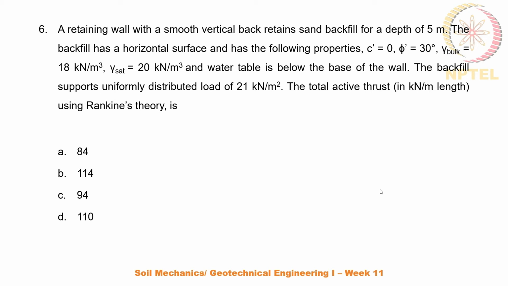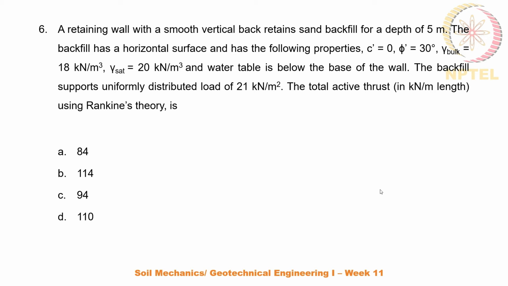Phi dash is 30 degrees. Gamma bulk, that is bulk unit weight, is 18 kilonewton per meter cube. Gamma sat, that is saturated unit weight, is equal to 20 kilonewton per meter cube. And water table is below the base of the wall.